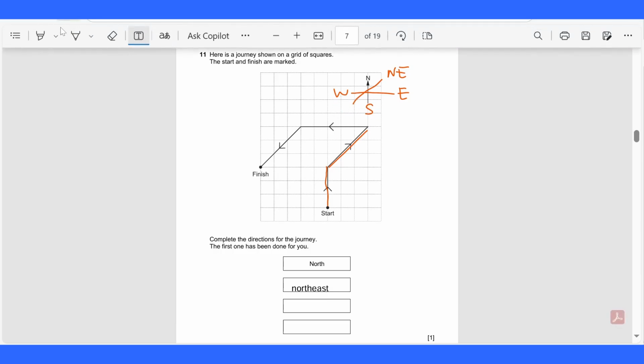To the left is west. So we write west. And this direction is this way. Here it is southwest, because it's between south and west, in the middle. So we write southwest. Alright, let's move on guys.